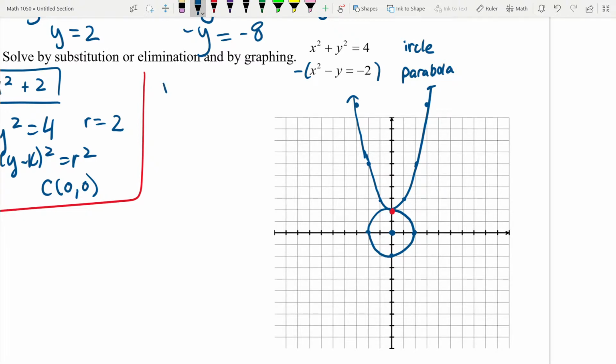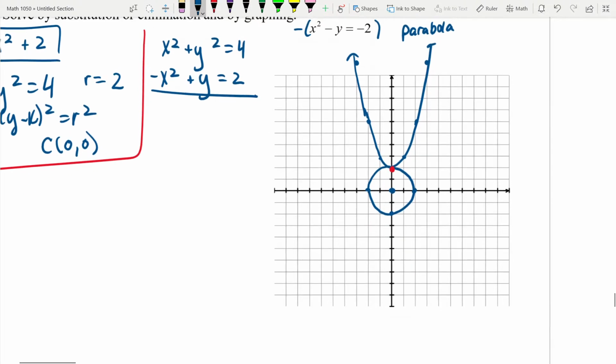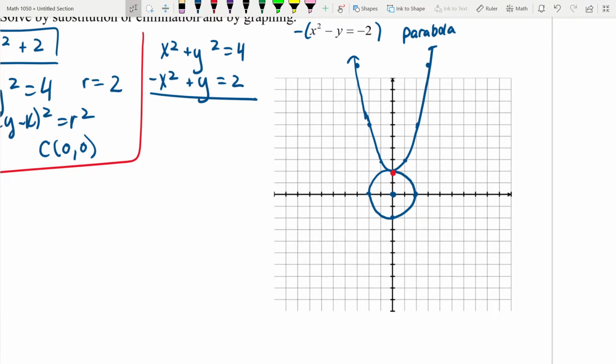Okay, so everybody write down x squared plus y squared equals 4, negative x squared plus y equals 2. It's a little risky to stack things on top of each other that you cannot actually add together, so just be careful. So those x squareds cancel. So you have y squared plus y equals 6.